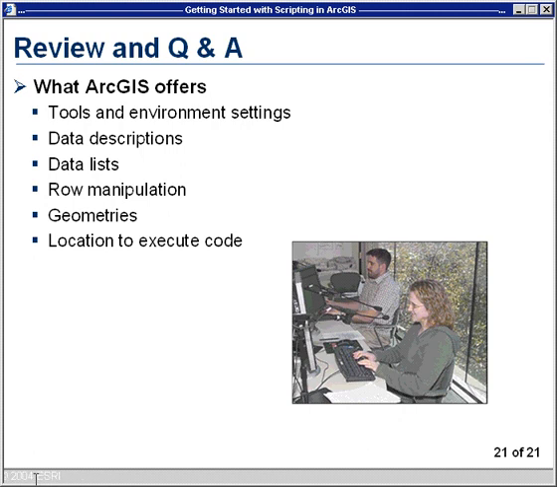Michael from Salem asks, what is the best way to get help and find parameters for the geoprocessing tools? Well, probably the best way to find out what parameters and what syntax you need for a specific tool, for instance, if I want to run the clip tool in Python, would be to go into ArcToolbox, right-click on the tool, and choose Help. You're going to get a lot of information about how to use a tool and what the tool's intended purpose was.